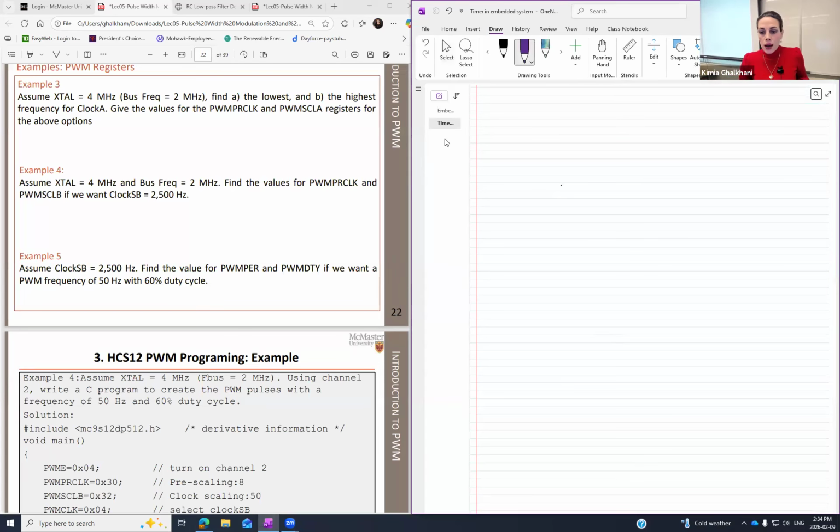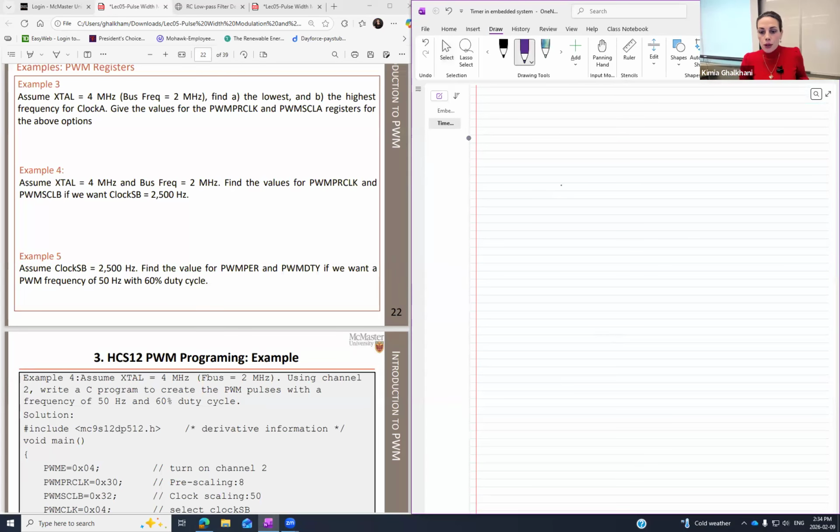I'm focusing on example 4. I'm having the same XTAL or crystal frequency to be 4. And then this time, by default, bus frequency is given.